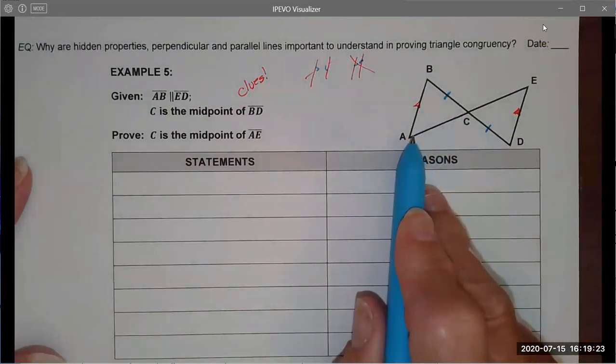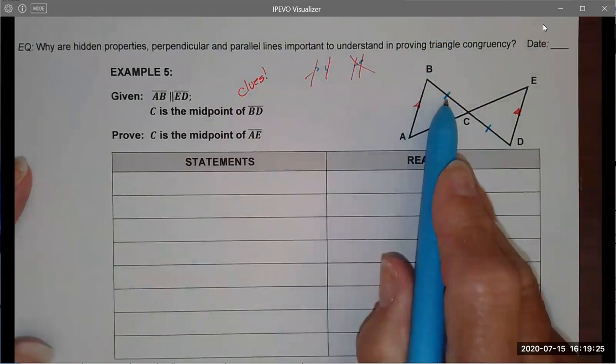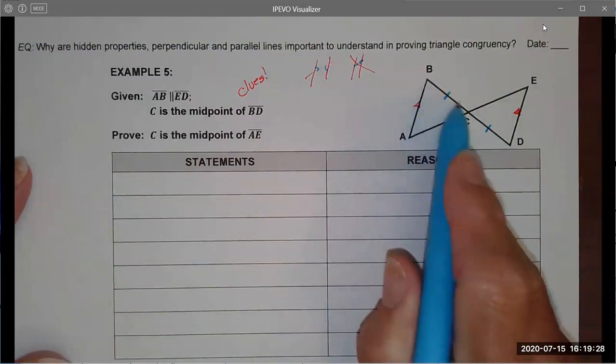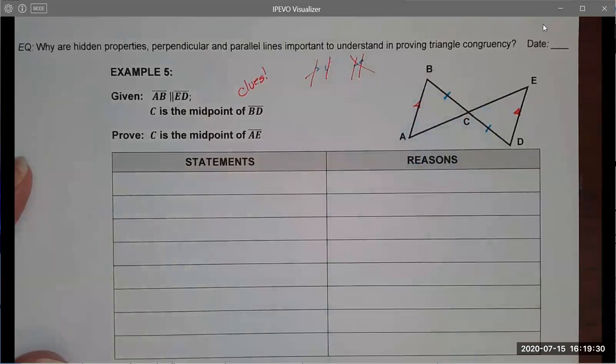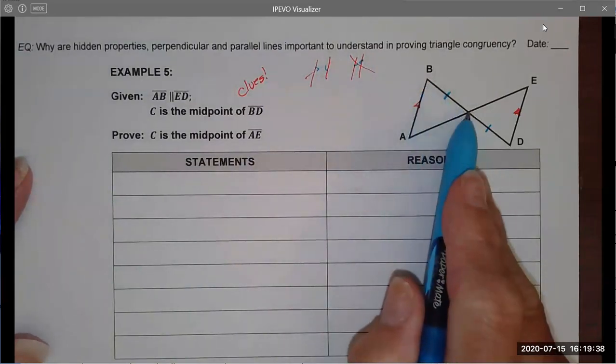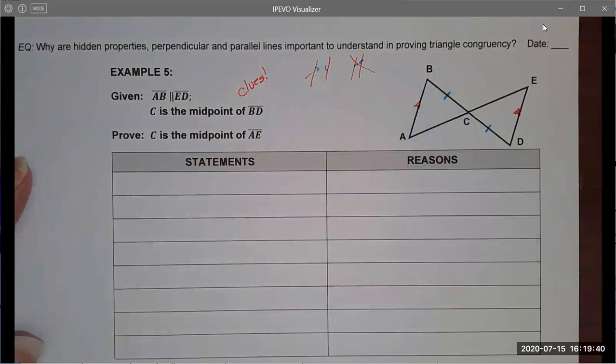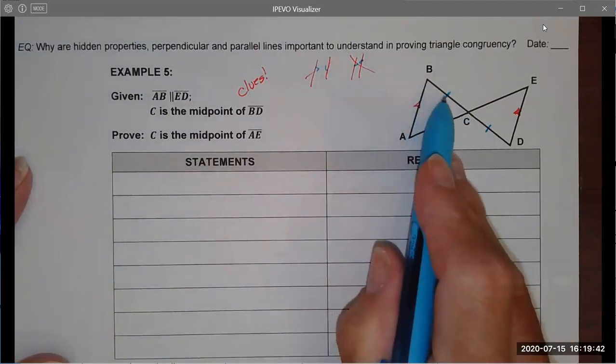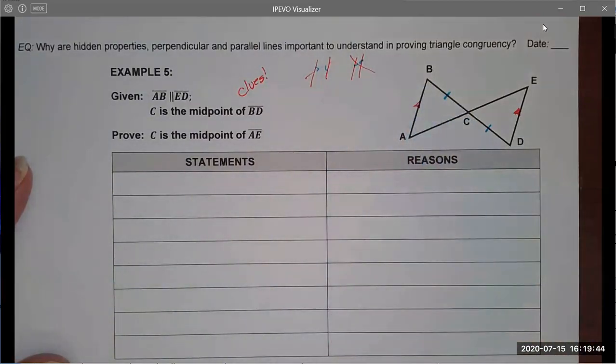I can either use angle, angle, side, or I can use angle, side, angle, whichever I choose to finish this particular proof. I am going to show you the angle, angle, side version. If you look at the notes that are posted online, I used angle, side, angle. So you can see both ways to formalize this proof.